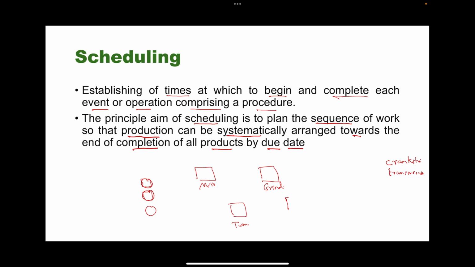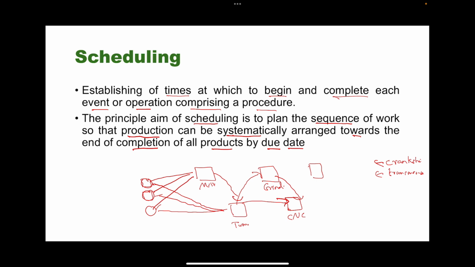Then we have another CNC machine here, and you have several departments. For making a crankshaft, you need these raw materials, and its sequence may be different. First, it may go to turning, and then to grinding, then to CNC, like that. For making another automobile component, such as a transmission part, the movement will be from milling to turning, then to CNC, like that. So the different parts have different sequences of operations.